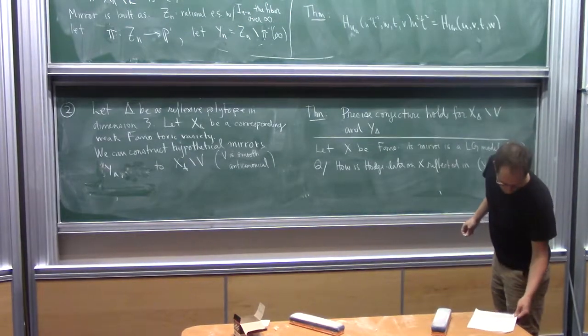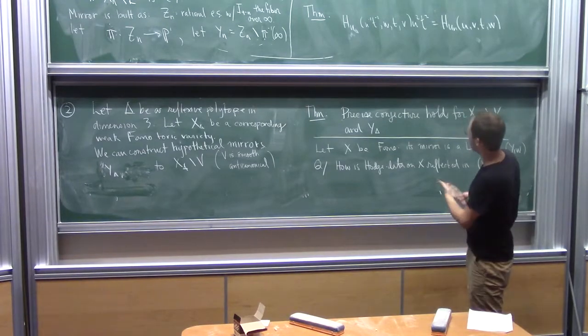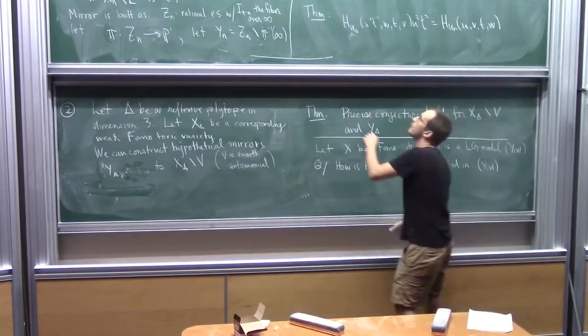In Katzarkov, Kontsevich, and Pantev, they give a conjecture as to what this should be, and it goes as follows.